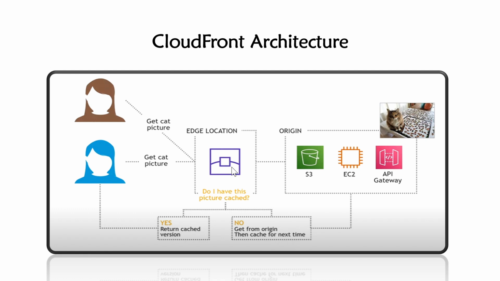So the edge location searches in the origin, such as S3, EC2, or API Gateway, and stores it in the edge location, so the user can easily access the documents, images, videos, files like that. This is how CloudFront works.